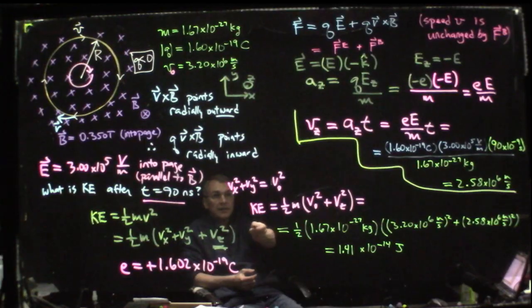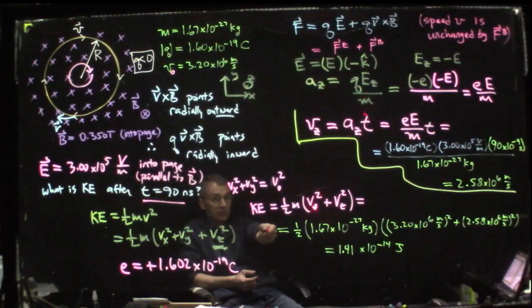And now Vx squared plus Vy squared, the part in the xy plane, is unchanged. It's just the square of this initial speed that was given. But then there's an additional velocity component, which is this component out of the plane of the page. So there's 1/2 mv squared.